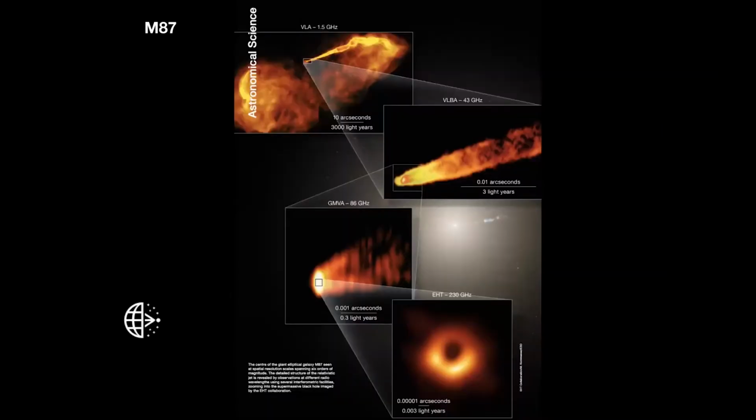And if you look at it in radio wavelengths, you can learn more. In the first image, the one to the left and up, you can notice that there are two lobes of radiation. This helped to understand what this jet could be: a collimated outflow from the center of the galaxy.